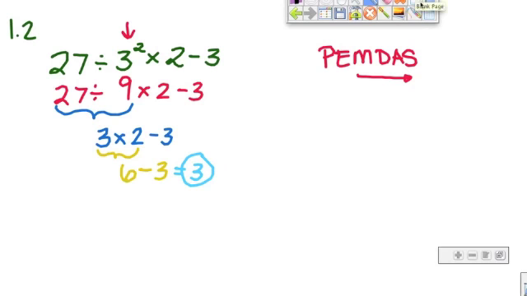All right, let's try another one. Let's say we have 7 parentheses, 13 take away 8 parentheses equals 7 times what? Well, let's go ahead and work this part out. So we know we have 7 times something, but we have to do the parentheses first.